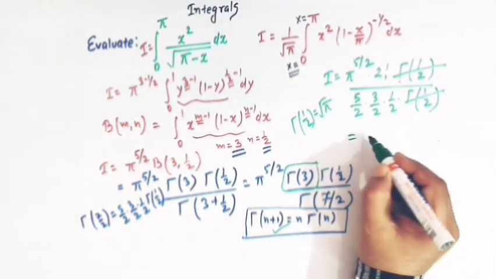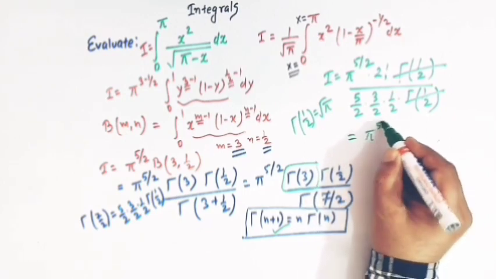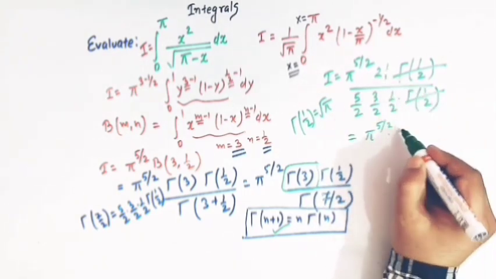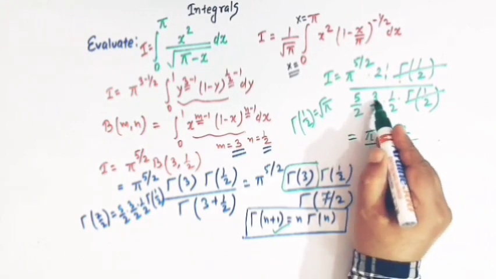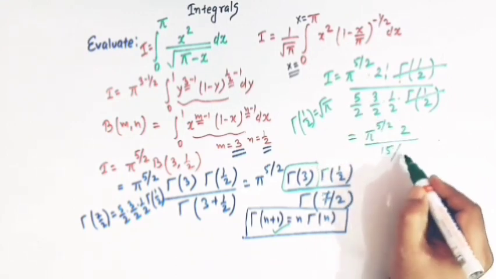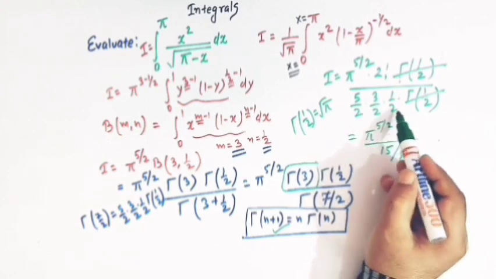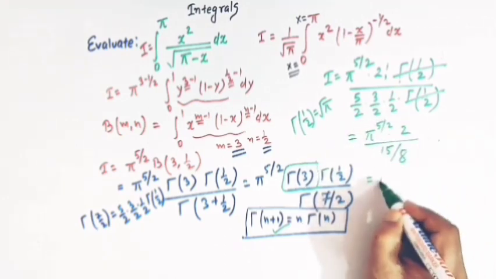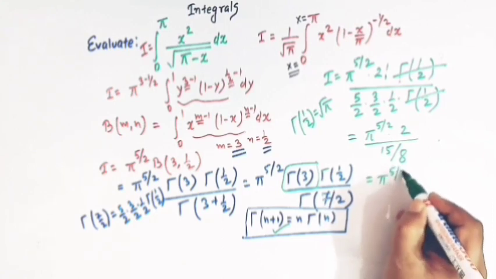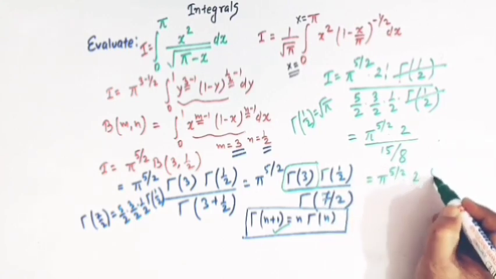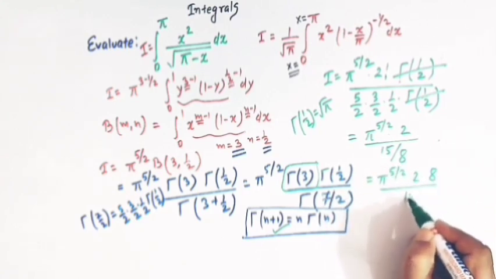So now we have pi raised to 5 by 2. 2 factorial is 2. Here we have 15 divided by 8, right? 5 3s are 15. 2 times 2 times 2 is 8. And we have pi raised to 5 by 2. 2 times 8 divided by 15, right?